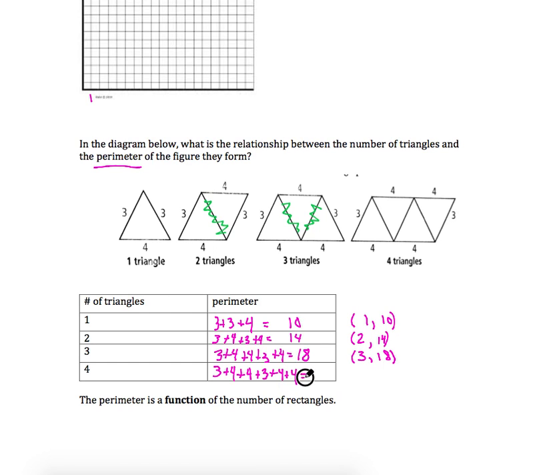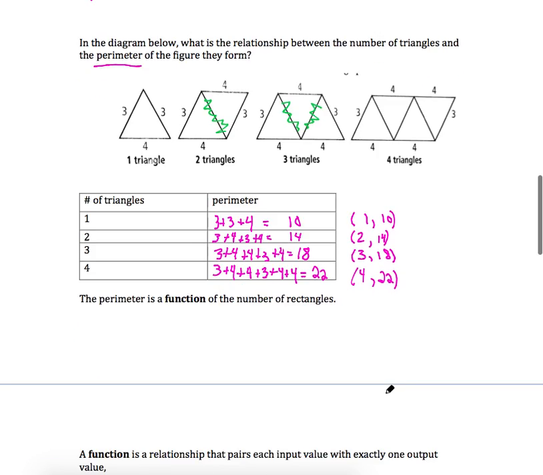So if we add all those together, 3 plus 4 is 7, plus 4 is 11, another 3 is 14, another 4 is 18. That's got us to that one. And then that last 4 gets us to 22. So for this ordered pair, a picture of 4 triangles as shown, we have a perimeter of 22.